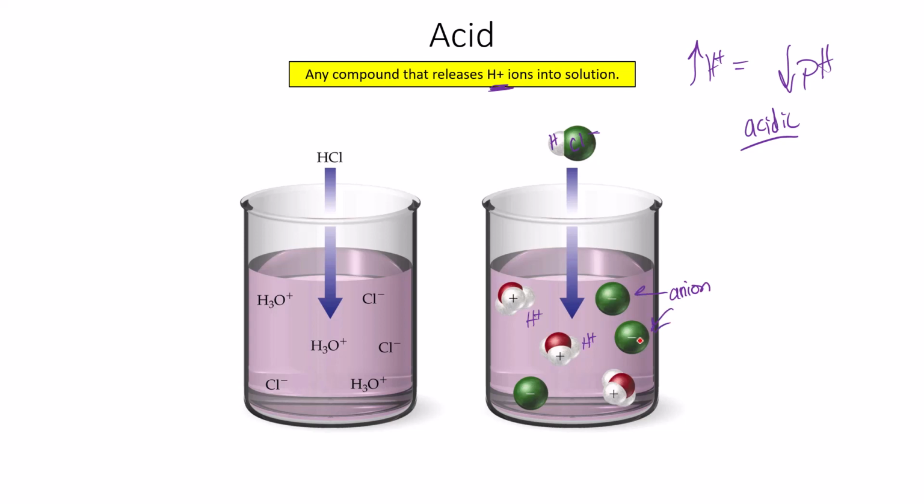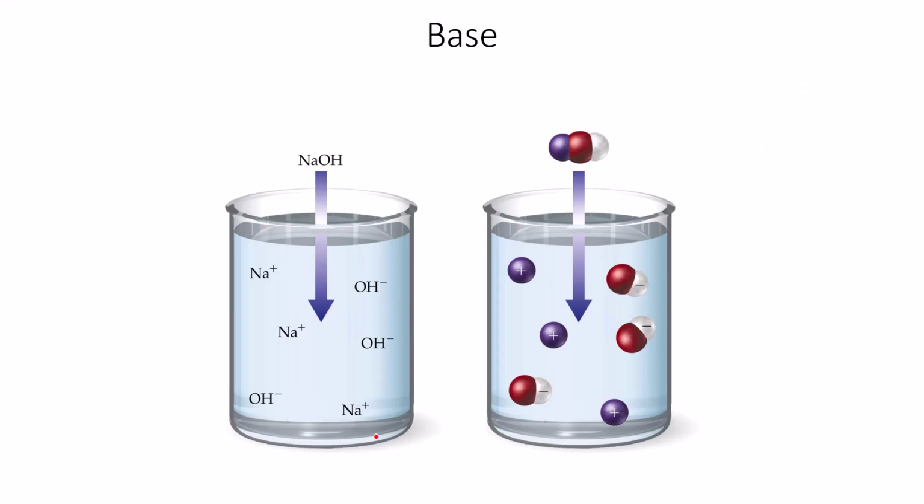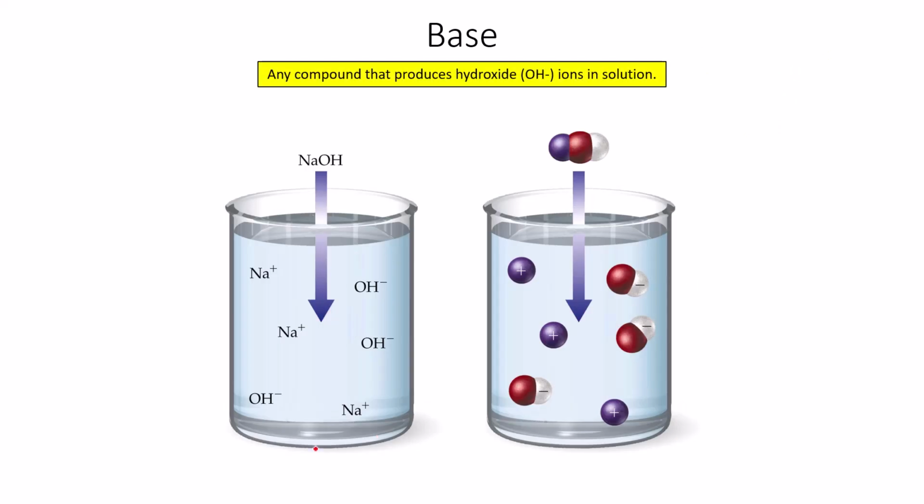And because these chlorine ions are releasing their H plus ion, the water molecules, which is the solvent in this particular solution, will pick up those H plus ions, create these H3O positive ions, or H3O positive molecules. They therefore are going to, because we are increasing the H plus ion concentration, dropping our pH, meaning it is by definition an acid.